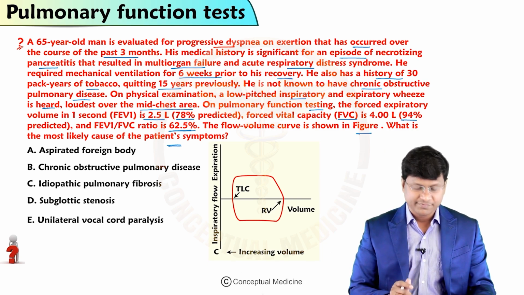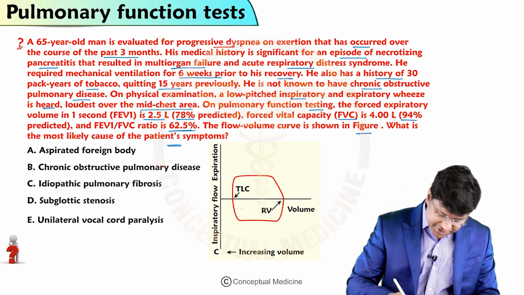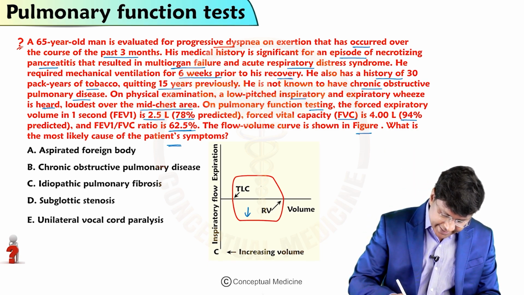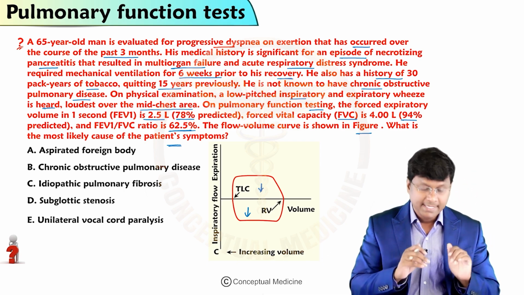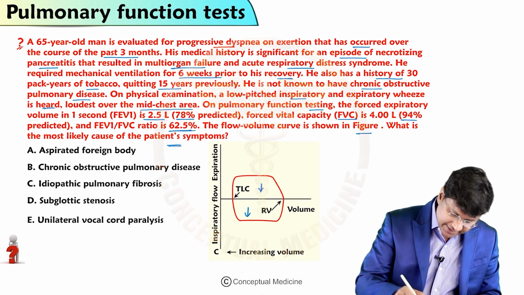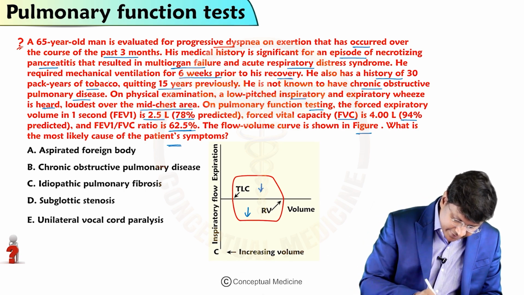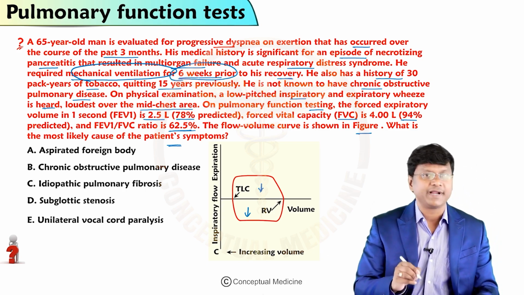So what is it that you are observing here? Your inspiratory component is reduced and the expiratory component is also reduced. Both are completely flat. And what is a very important history? The very important history is that he required mechanical ventilation for almost 6 weeks prior to his recovery.